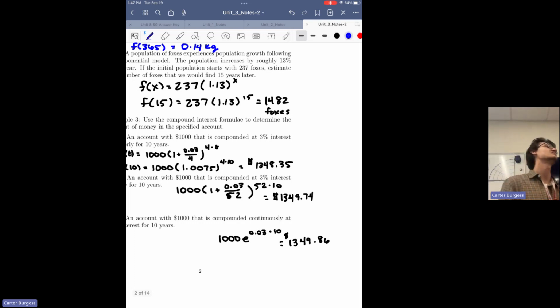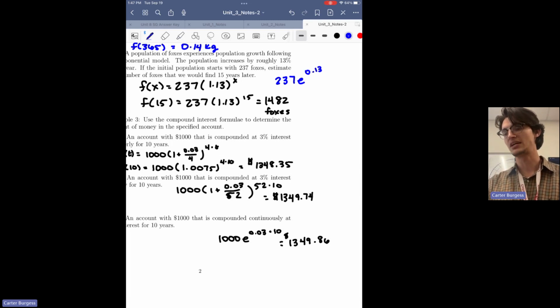If my claim is that this is a continuous growth, happening all throughout the year, which realistically it's probably not, then I could set this up as 237 times e to the 0.13 times, in this case, 15, and instead of our 1482 foxes, we would get 1666 foxes.